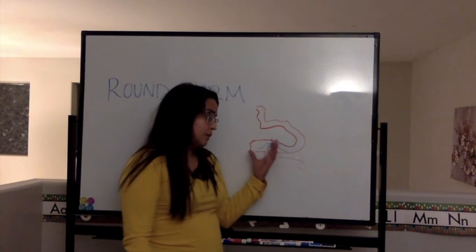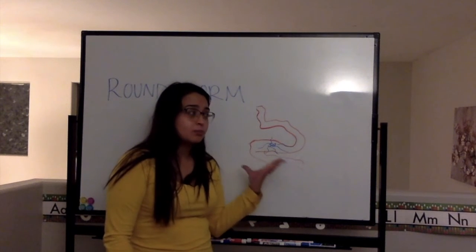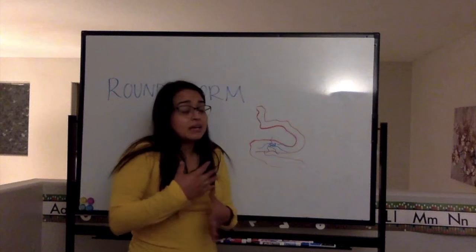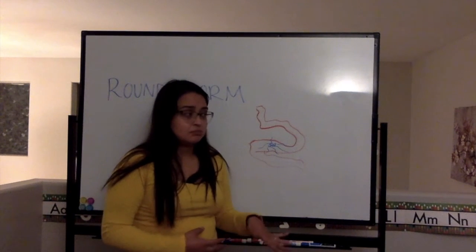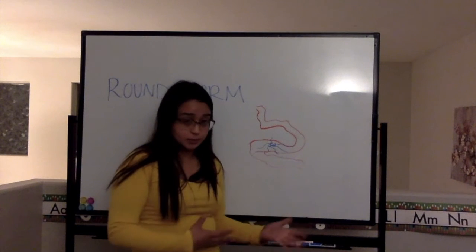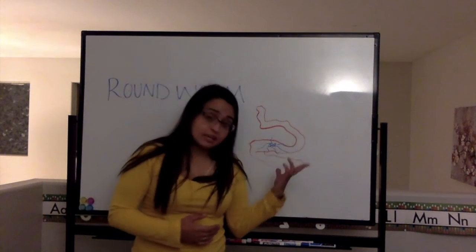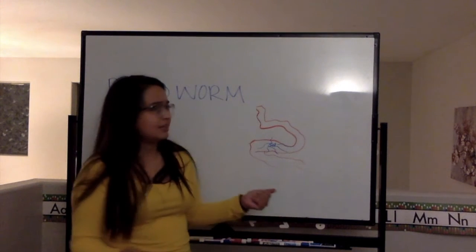So if they are not inside of a host, they cannot produce those eggs and those sperm to be able to reproduce. So pretty much when they die, they just die. They couldn't reproduce unless they get inside of a host, and then they reproduce like crazy.